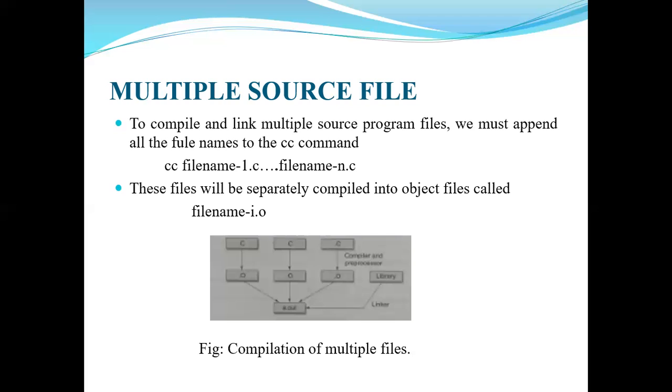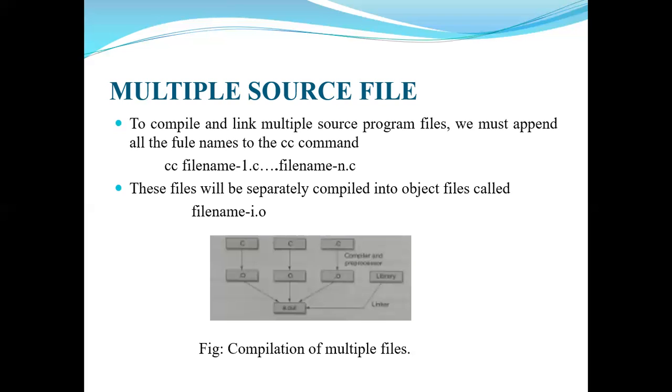Compiler and preprocessor directives. For example, in the beginning, I discussed the documentation section, link section, definition section, global declaration section. Hash include stdio.h, hash include conio.h, are also called preprocessor directives.